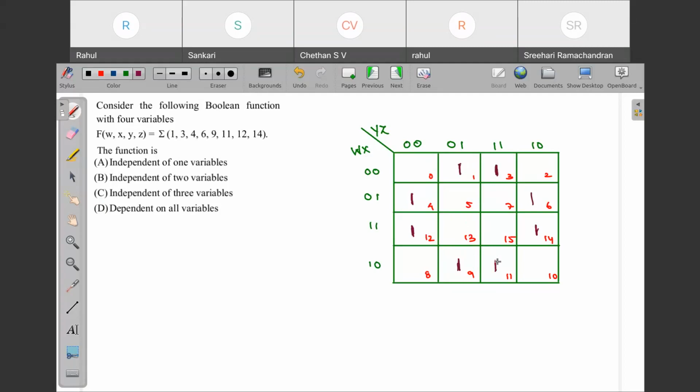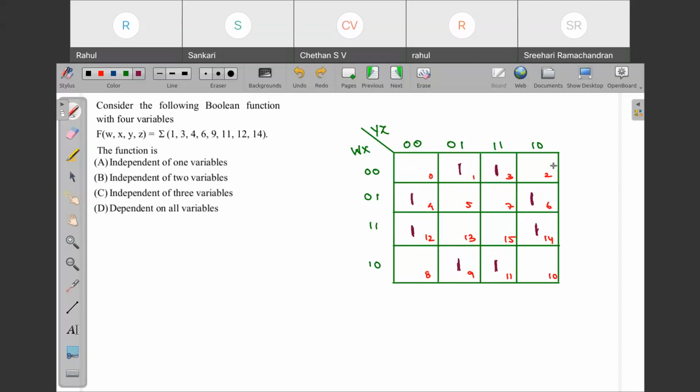So very quickly, write the SOP. One of the groups you can make like this, another like this, another like this, and one more like this. Tell me, is this correct? This is not correct. Why?